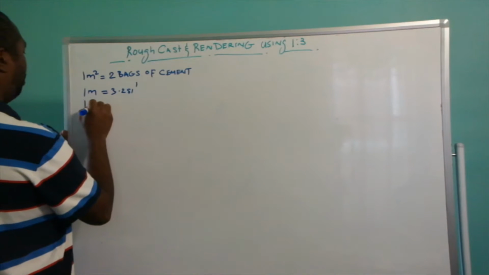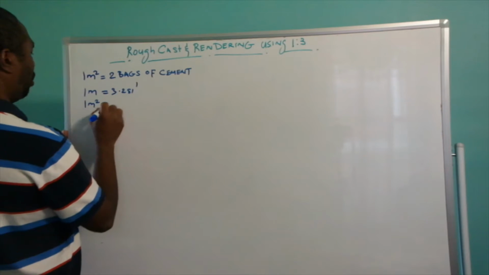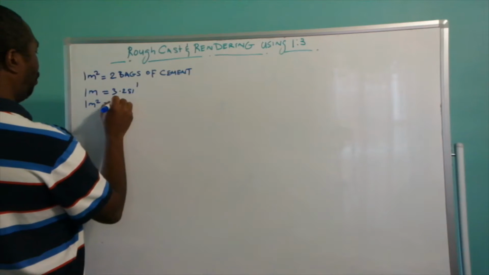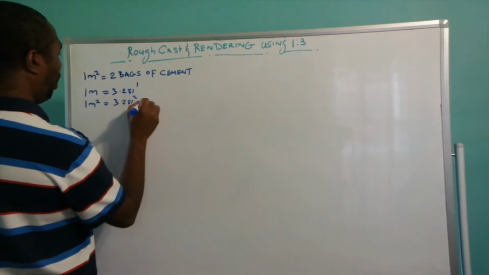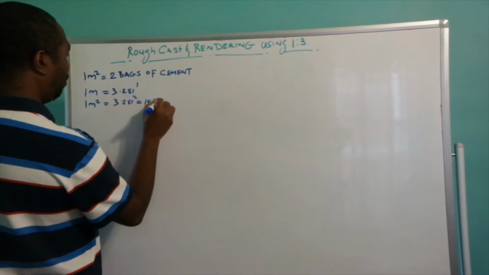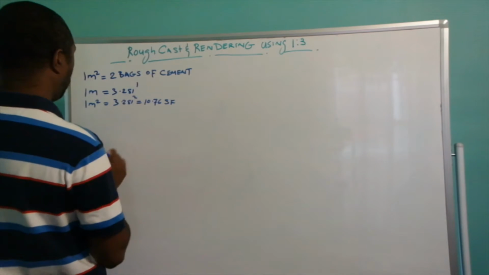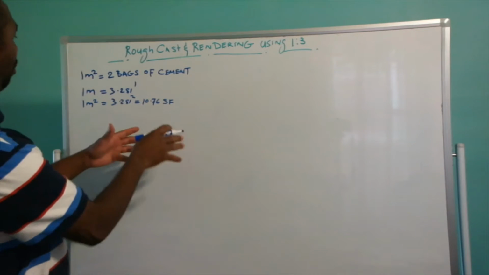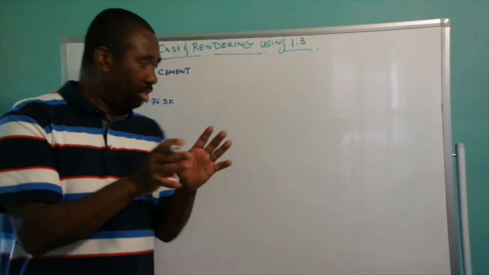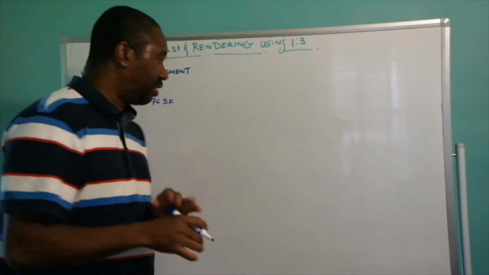Therefore, 1 meter square would equal to 3.281 squared, which will equal to 10.76 square feet. So 1 meter square is going to take up 10.76 square feet of space.